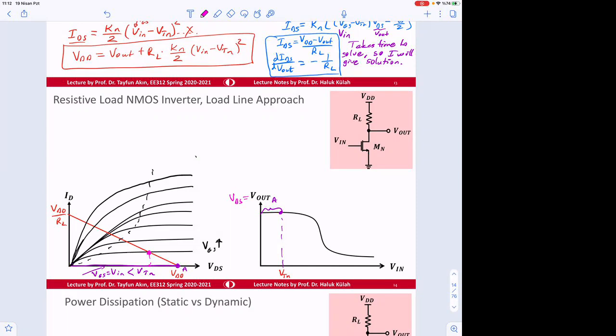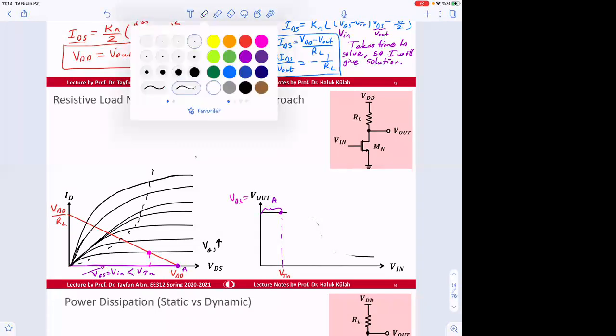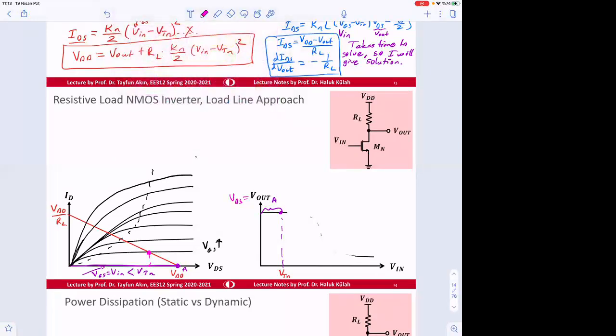Maybe I should erase this and draw it again later on. From the values here, we can determine the voltage. If that is VTN, the 2 volt is going to be somewhere around here. Okay, so that's point B.